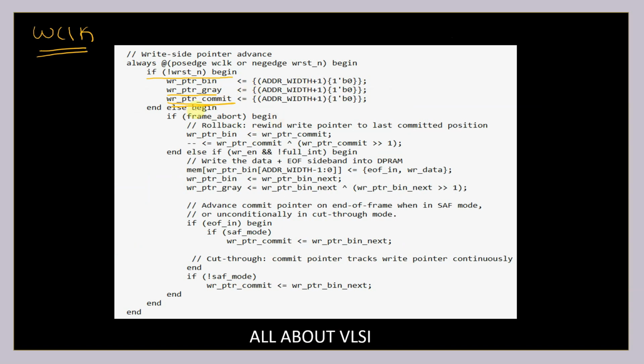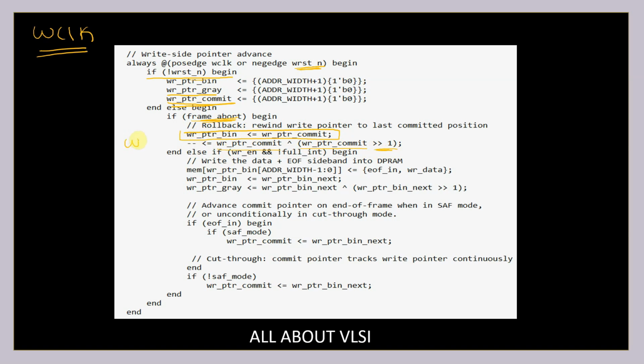Else, if reset is not applied, we check for frame abort. If frame abort is 1, then write pointer binary is assigned the write pointer commit value. And write pointer commit gray is computed by an XOR operation: write pointer commit XOR with write pointer commit shifted right by 1.